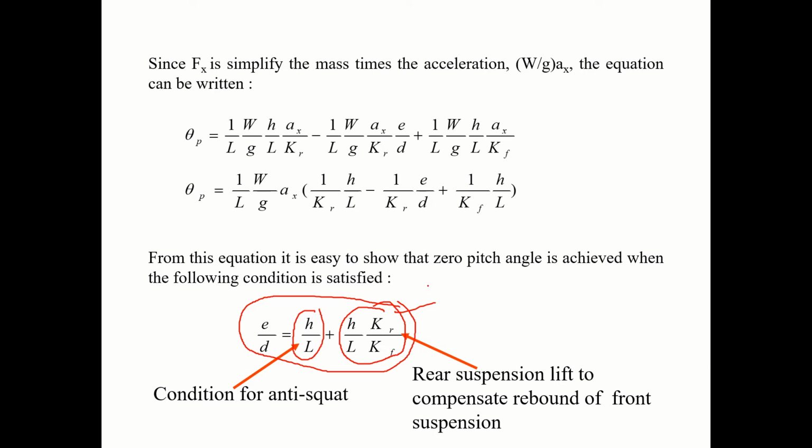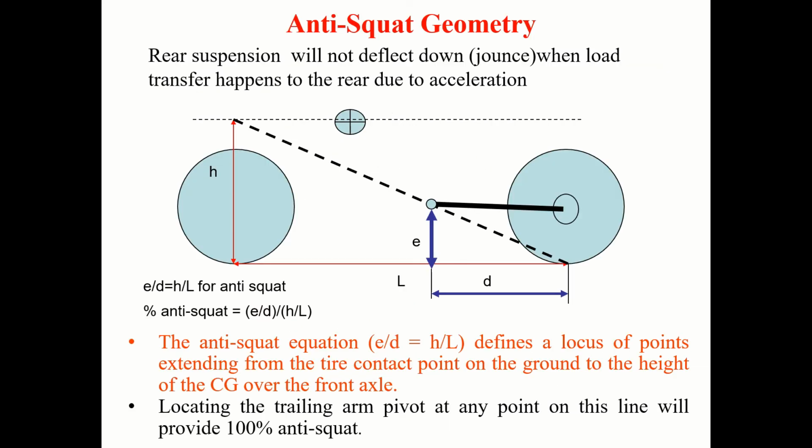So now what it means is that first part, if I plot, H by L is equal to E by D. So this is the wheelbase length. Let us say I'll just draw a line passing through the height of the center of gravity.